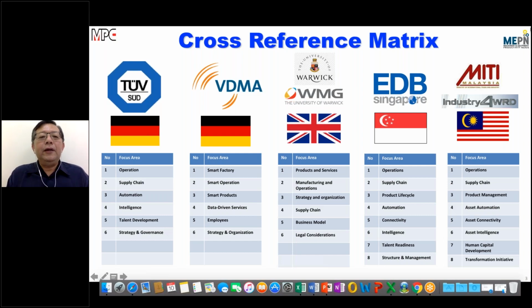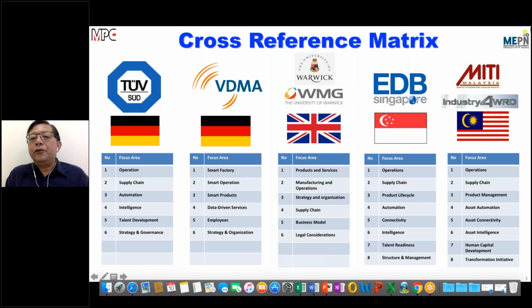And VDMA also focuses on 6 areas: smart factory, smart operation, smart product, data-driven services, employees, strategies, and organizations. Then followed by the University of Warwick, which also looks at 6 focus areas: product and services, manufacturing and operations, strategy and organizations, supply chain, business model, and legal considerations.